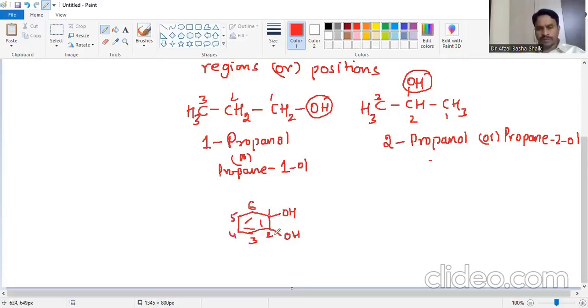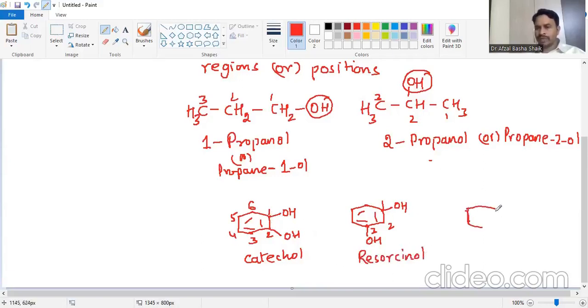Where the hydroxy groups are on the 1 and 2 positions, it is called catechol. And whenever the hydroxy groups are on the 1 and 3 positions, that is meta to one another, this is ortho to one another, this is called resorcinol.